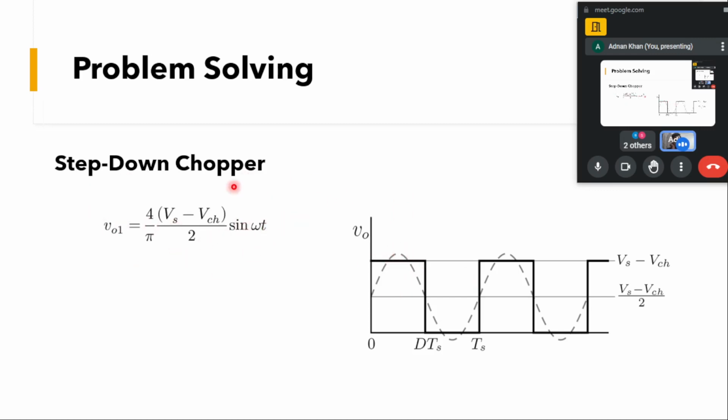That will be the fundamental component. But here you might ask, we have the peak value of Vs minus Vch.